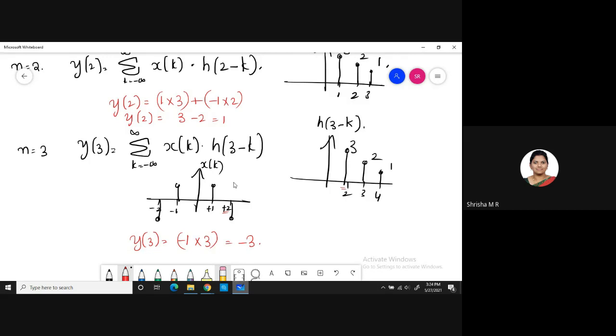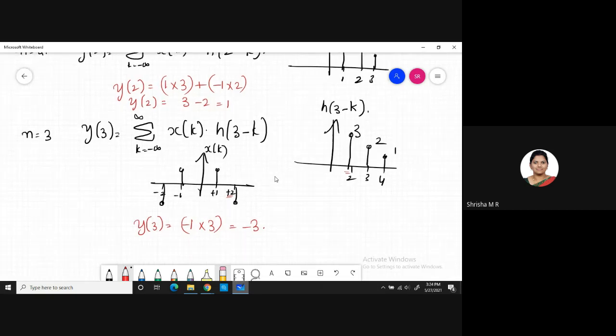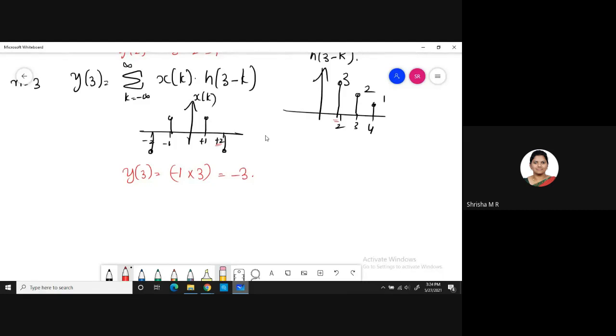Convolution by graphical method. Now tell me the values of y of n from minus 3 to 3, what all we have got. Y of minus 3 is -1. What is y of minus 2? -1. Y of minus 1? -1.